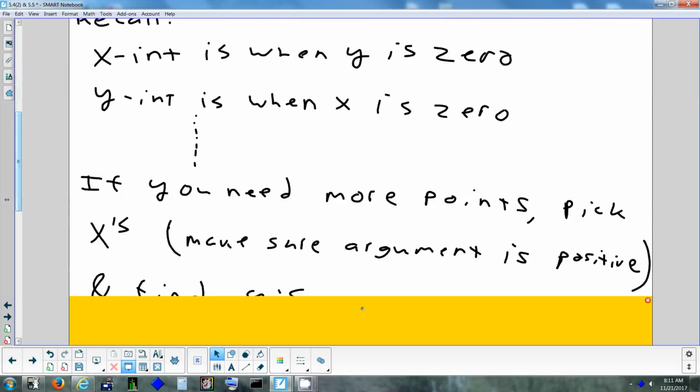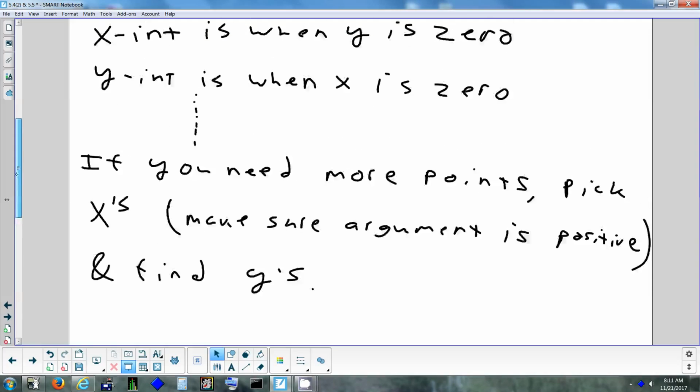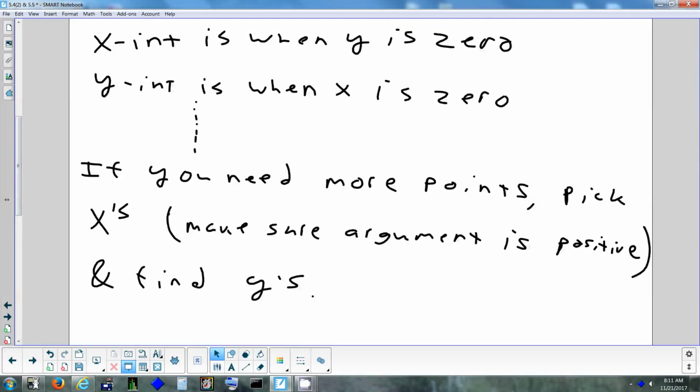It's only going to be one or the other. Any questions on that? So it's really nothing new. Just graph like you always do. Just find some points, make a table, and graph the function.